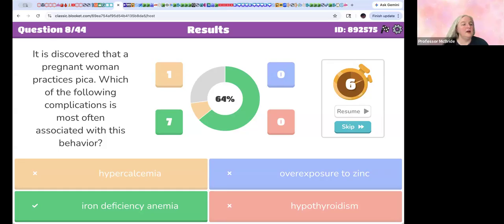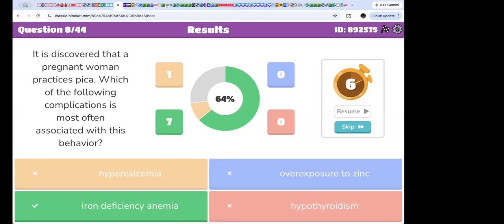So if your patient is practicing pica, then we're concerned about iron deficiency anemia, so we should notify the provider, right? And they'll test and probably discover she has iron deficiency. If she needs to take iron, what kind of teaching do you think would go with that? Taking something for constipation as well, like pushing more fluids.